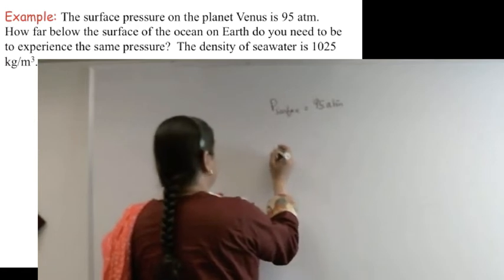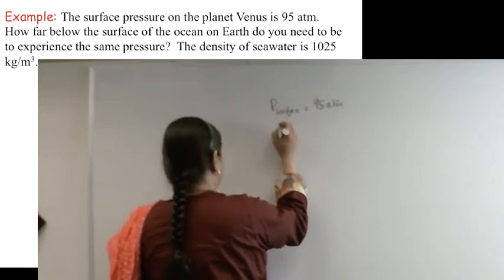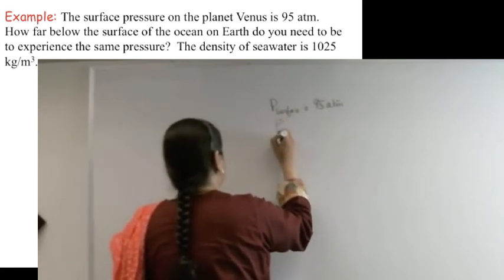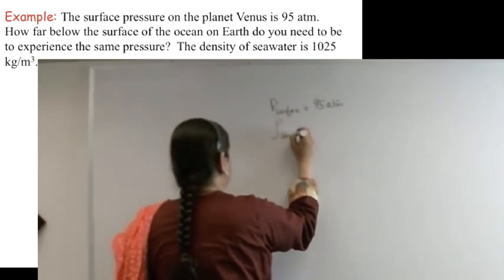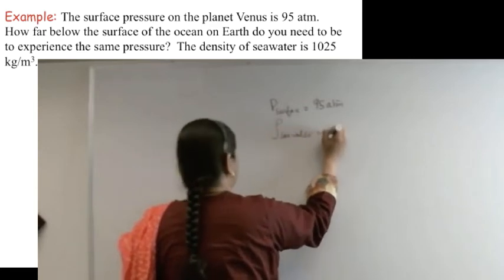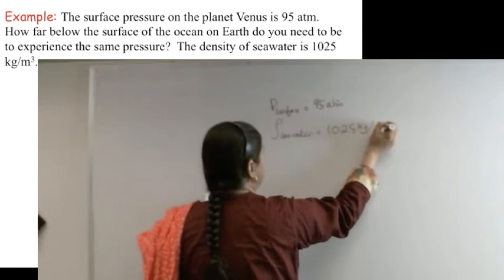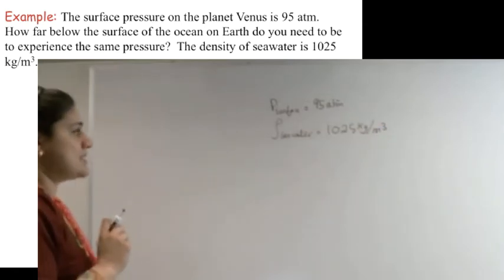How far below the ocean do we have to go to get the same pressure here on Earth? Where rho of the seawater is given as 1025 kilograms per meter cubed. So this is our problem.